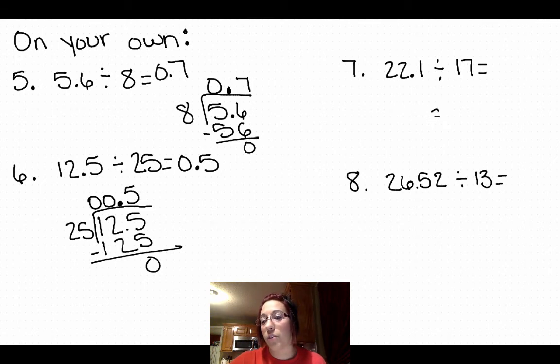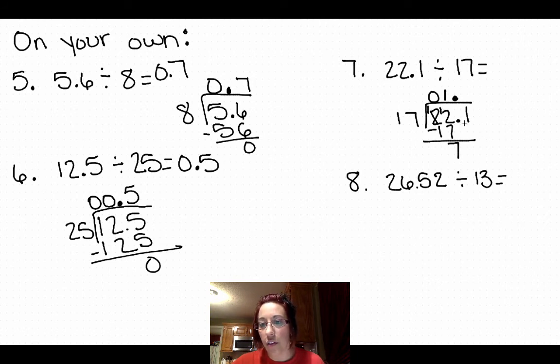Okay, let's look at this one. We've got 22 and 1/10 divided by 17. Decimal goes up to the top. 17 will go into 22 one time. Leaves us 7 here. That is not right. Should leave us 5 there.